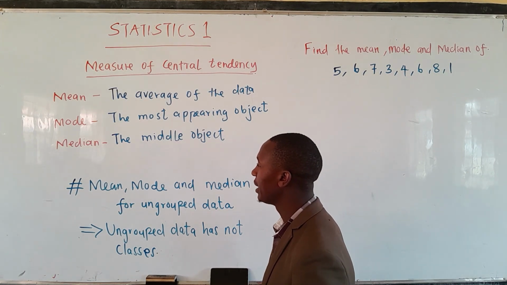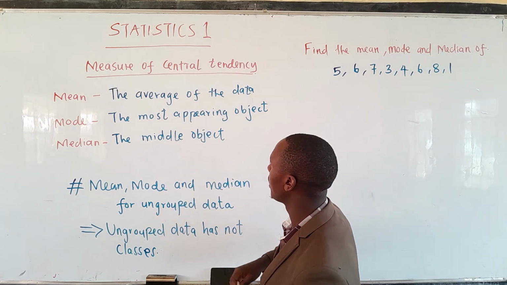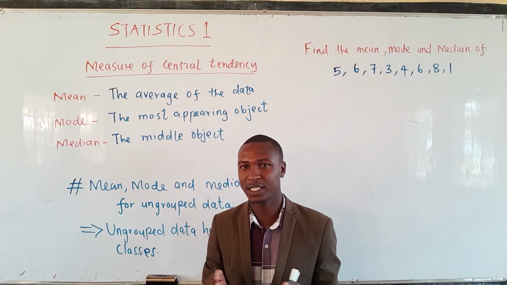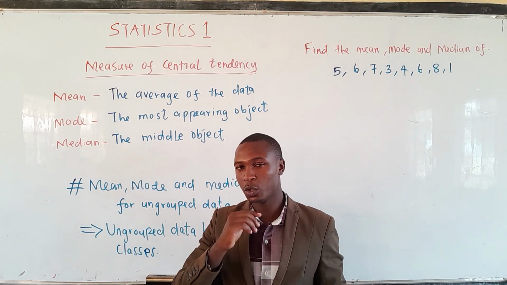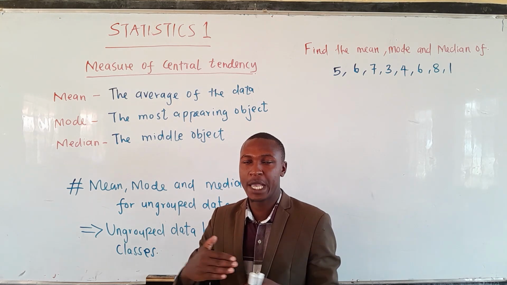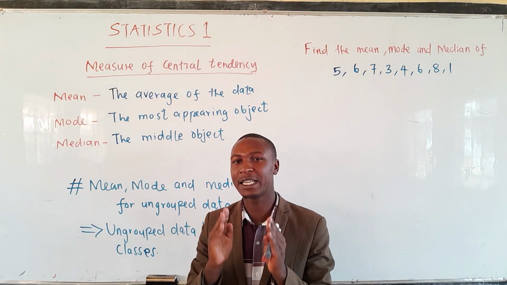Now let's talk about the median. The median is the middle object. So if you have a set of data, say 50, so if you count from 1 to 50, or you arrange the data in a given form, either ascending order or descending order, there is this term that is at the middle.